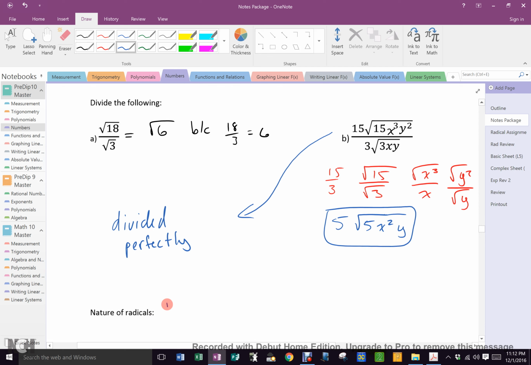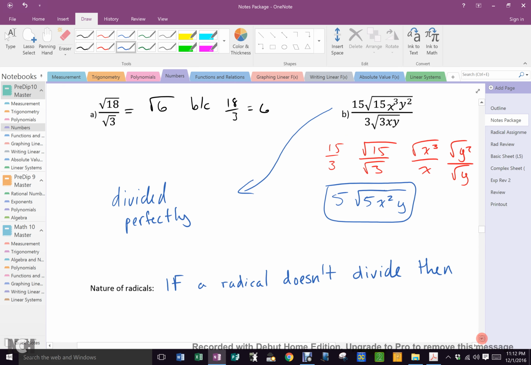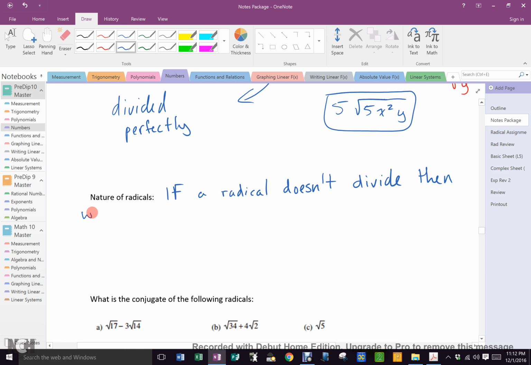However, if a radical doesn't divide, then we can't leave a radical in the denominator.